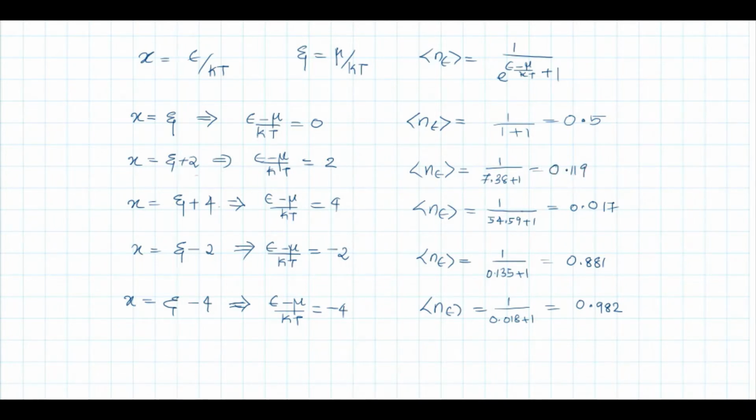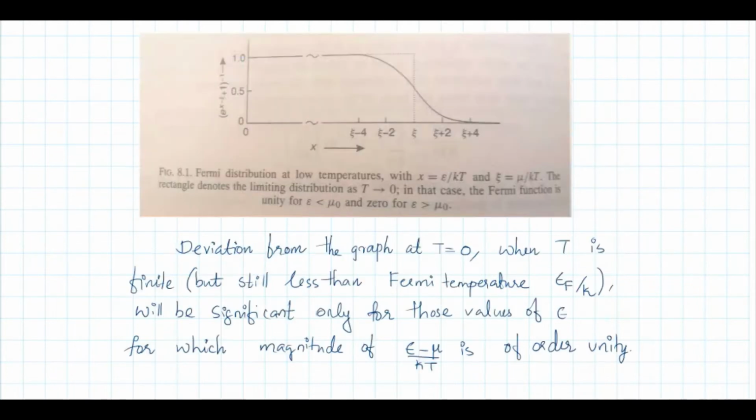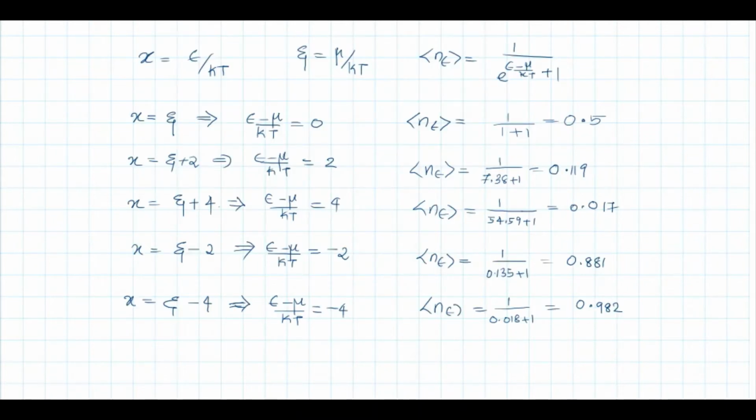So at x equal to theta plus 2, the occupation number reduces to 0.119. At x equal to theta plus 4, it almost reduces to 0. What is the exact value? You will get e raised to 4, which is 54.59, and you will get an occupation number of 0.017. So it almost reached 0.